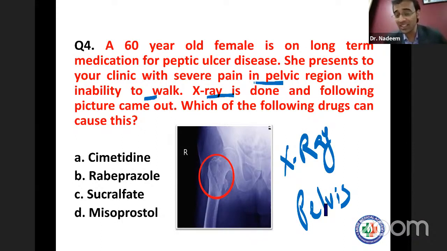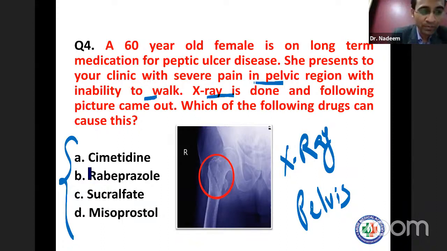When I have seen the X-ray of my patient, I can see a fracture of the femur, the femur neck. Then I have to recall, out of these four drugs, the side effect of which drug is osteoporosis where hip fracture can happen? So the answer is rabeprazole.